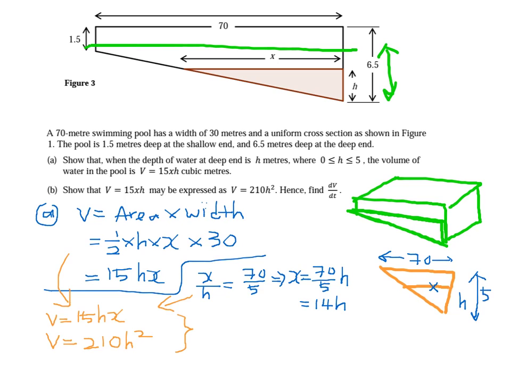And then for dV/dt, we just differentiate this. This would be 420h. But of course, h is in terms of time too, so you get dh/dt, and this is dV/dt.